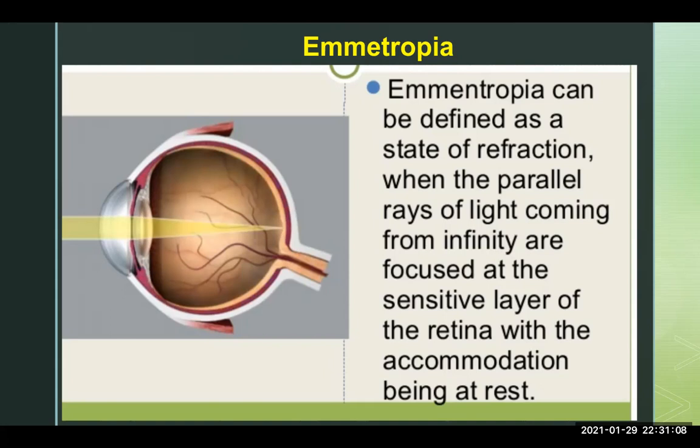So this status is called Ametropia, where there is no errors of refraction. It's called Ametropia, the normal state of refraction, forming the normal vision.